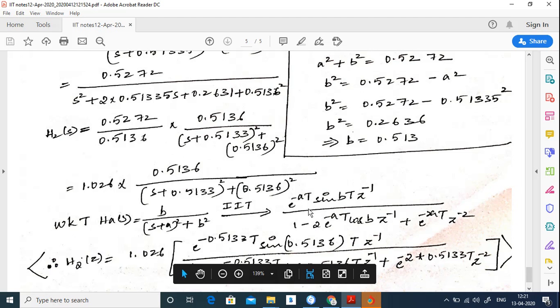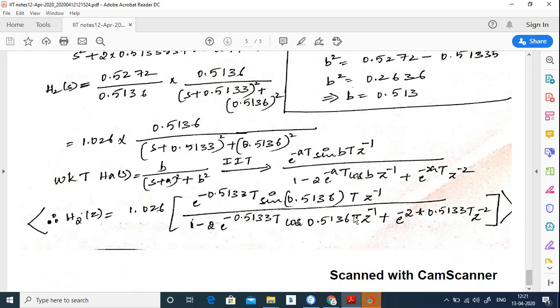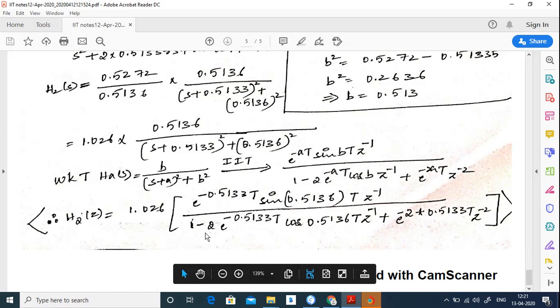In this standard expression, substitute for a and b and then simplify it. That's it. That is now e power a t sine b t z power minus 1 minus 2 e power minus this, and then simplify this, and then substitute for this, simplify, you will get it like this. If you want to substitute for t as 1 second, you can substitute. Only thing is you need to eliminate this. Hope you have understood this problem.